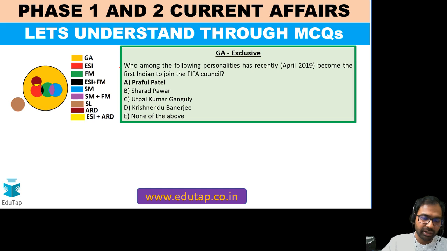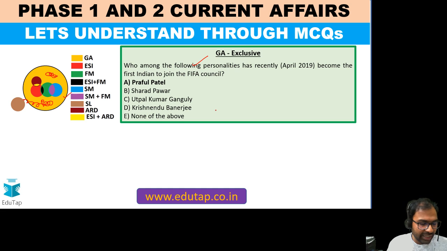Let's see this question. Who among the following personalities has recently, in April 2019, become the first Indian to join the FIFA Council? This is again a question that lies in the exclusive GA domain. It cannot be asked in phase 2. It can only be asked in phase 1. Good. Self-starter, good.